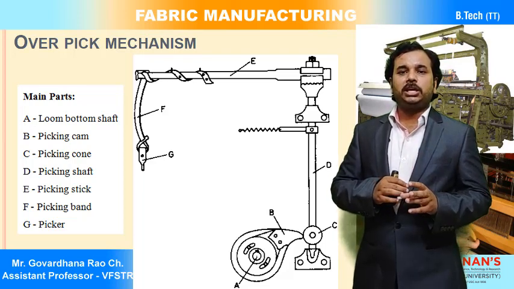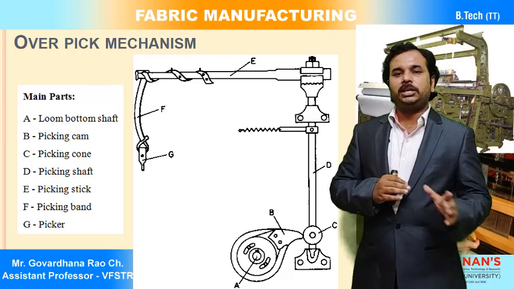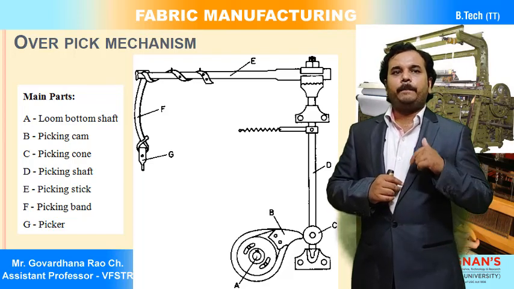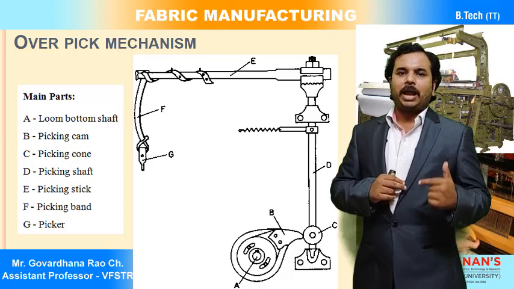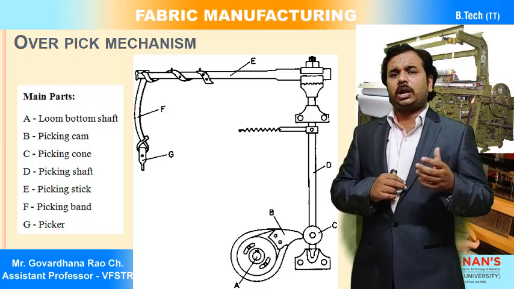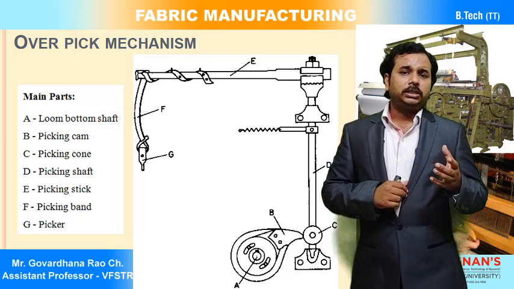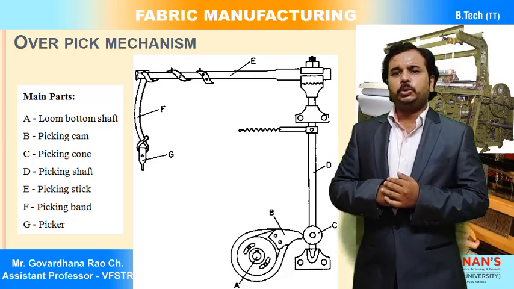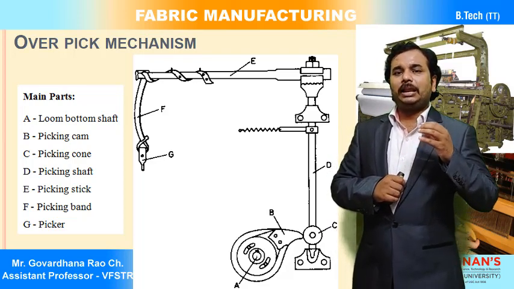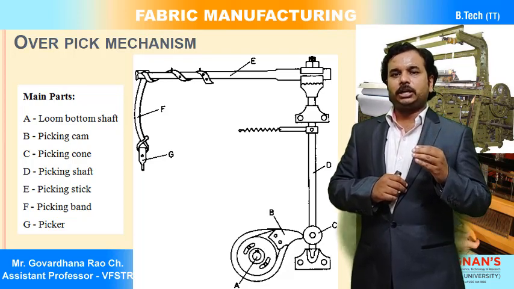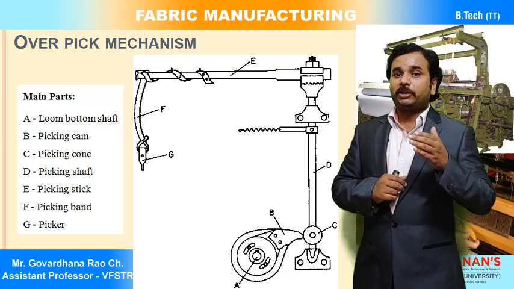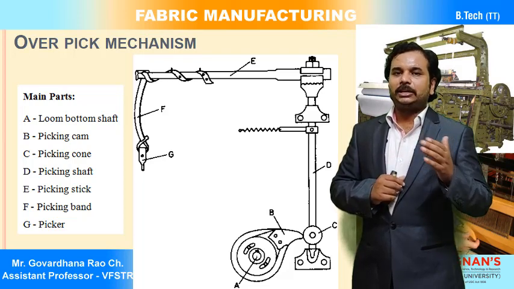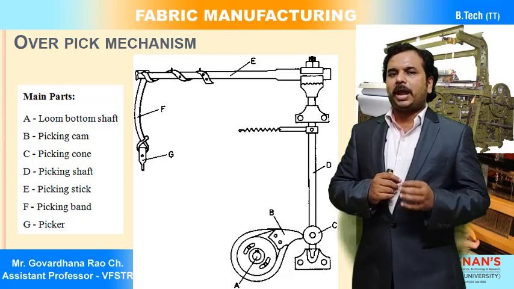At the edge of the picking stick we have a picking band, generally a leather band, or sometimes synthetic leather can also be used. So there is a band connected at the end of the picking stick, and at the end of this band we have a picker.